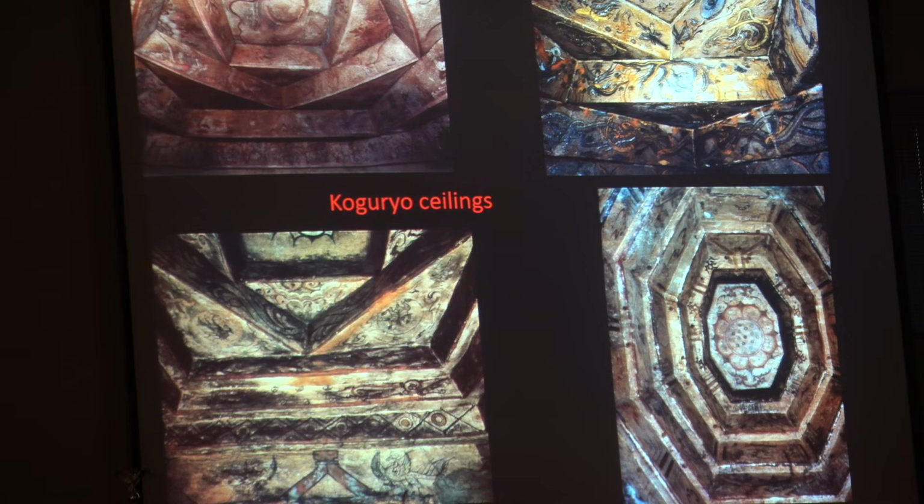But however you spell it, the most complicated ceilings that survive from anywhere in East Asia up until the 8th century are in Koguryo tombs that date from late 4th into the 7th century, and these are just 4 versions, but this is not something that Koguryo can take credit for.